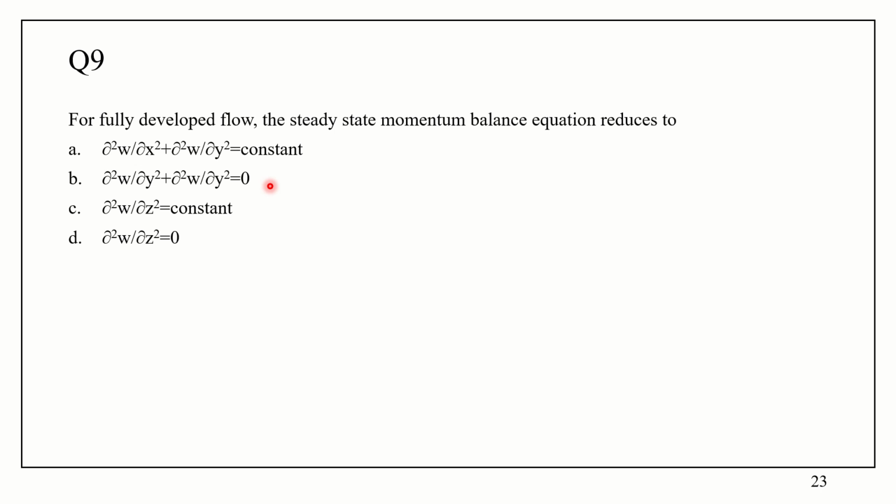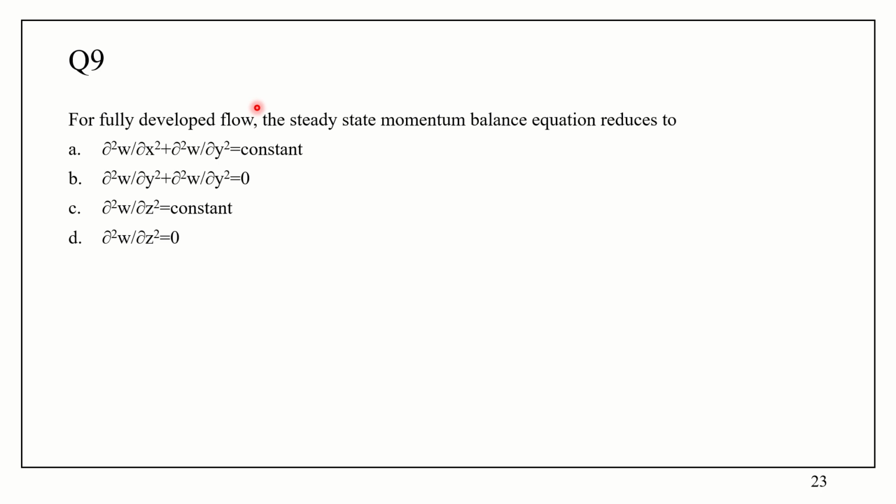So this is for the fully developed steady state momentum balance equations. So keep that in mind. It is the fully developed flow and the equation has reached the steady state. In other conditions, all other terms also come into picture, but this particular equation, ∂²W/∂x² plus ∂²W/∂y² equal to constant, is applicable for fully developed flow and the steady state.